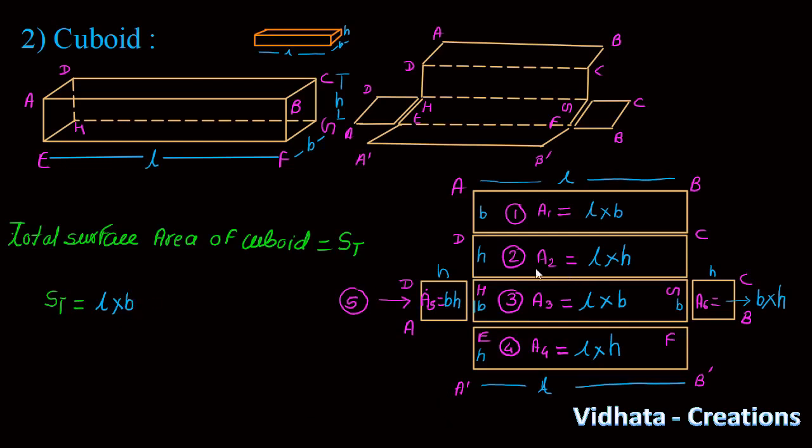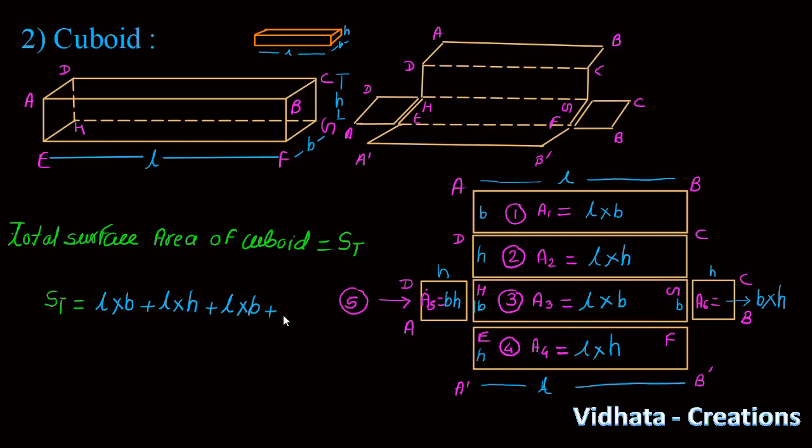What about area number 2? That is plus L into H. Got it? Now again plus, what about area number 3? That is L multiplied by B. And plus again, what about the fourth area?